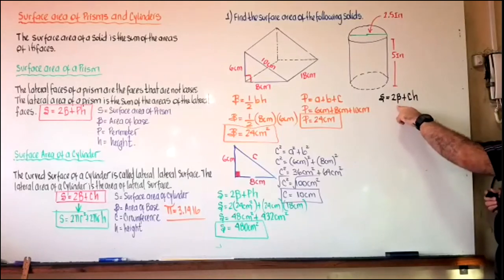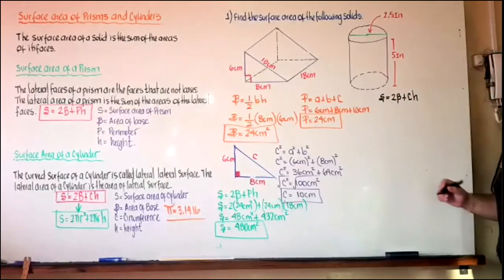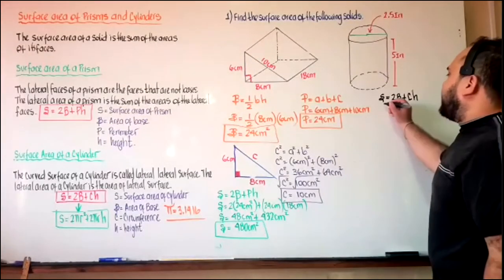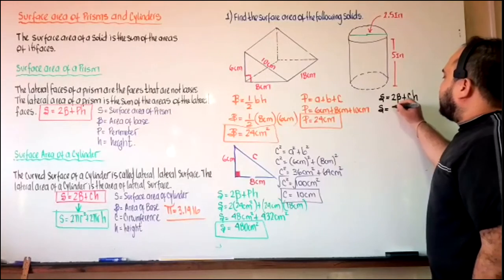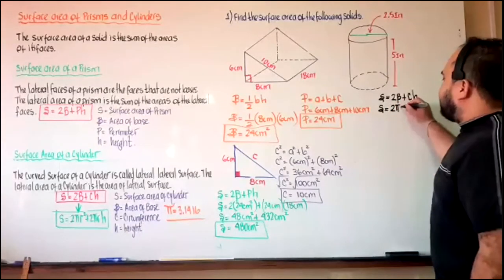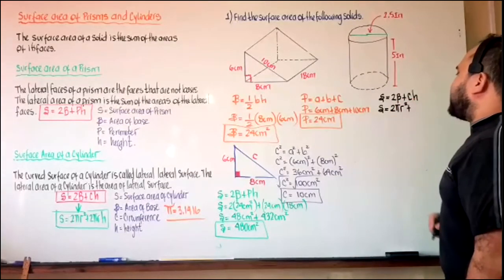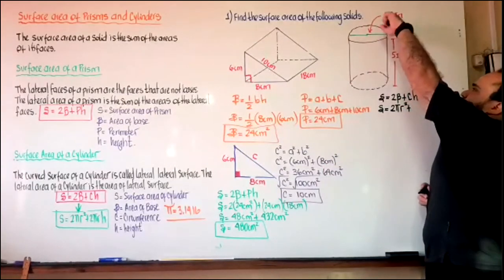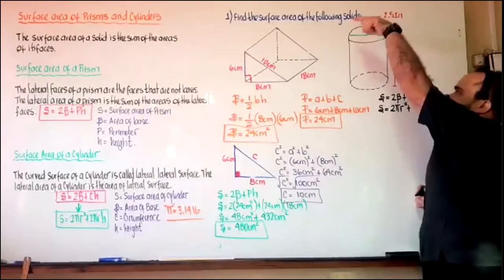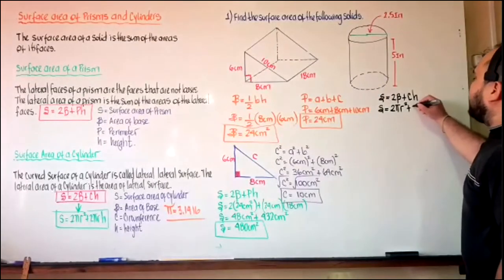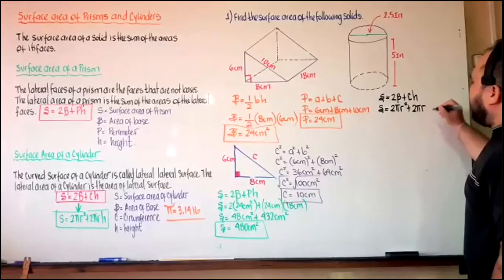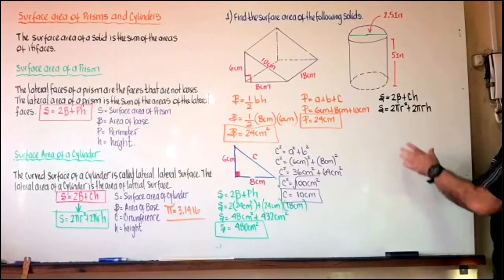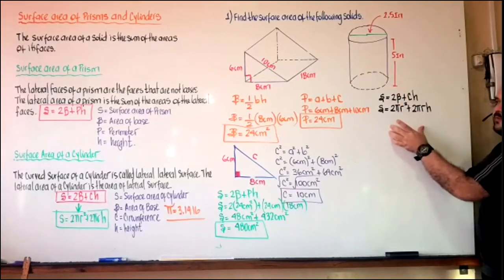Beta is always the area of the circle, which is given by pi times radius squared. So 2 times pi r squared, and the circumference, remember, is the total measure around the circle, given by 2 pi r, multiplied by the height. Both formulas will be the same.